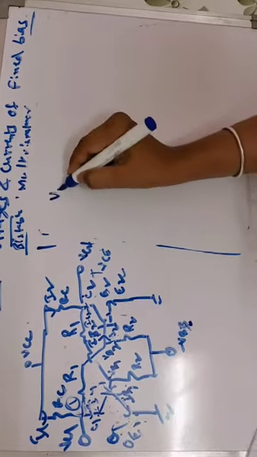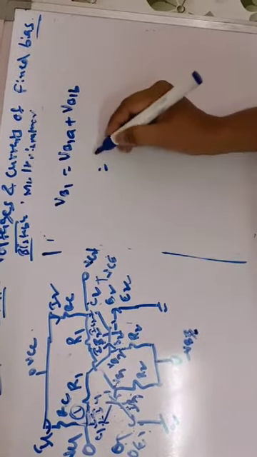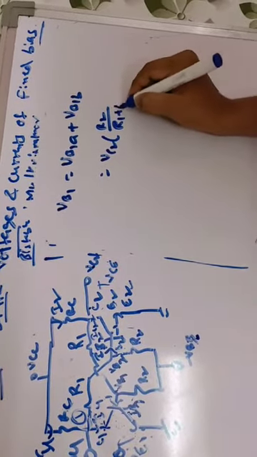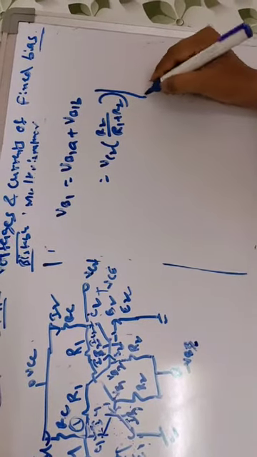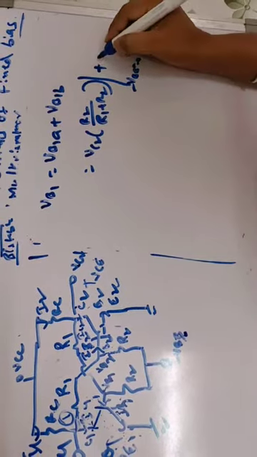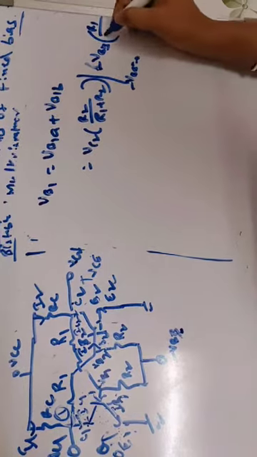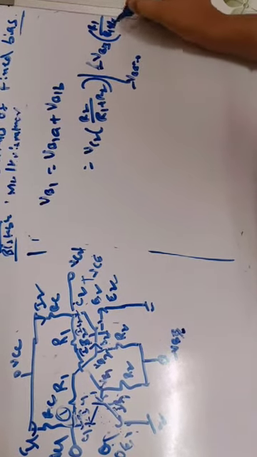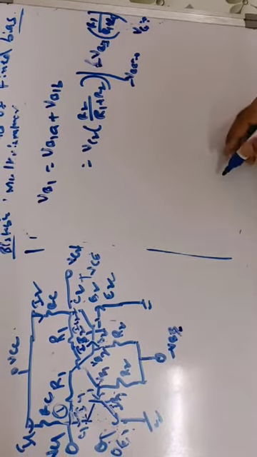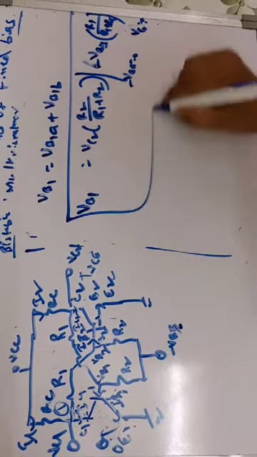So we got VB1 equal to VC2 into R2 divided by R1 plus R2, by considering minus VBB equal to 0, plus another term with minus VBB into R1 divided by R1 plus R2, when VC2 is equal to 0 here. So this is the expression for VB1, and we got the expressions for VC1 and VB1.